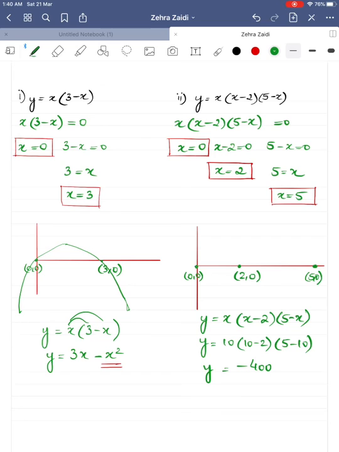This means when x is positive, y is negative, which means the curve will start from the lower side. So let's sketch the curve. Okay, so this is the way our curve is going to be seen.